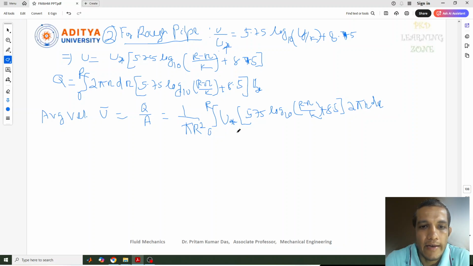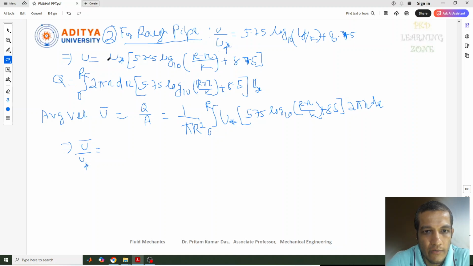Now again integrate this equation, then finally we'll get the average velocity. After integrating, the u term, u star, the shear velocity, we can take outside and just divide here.